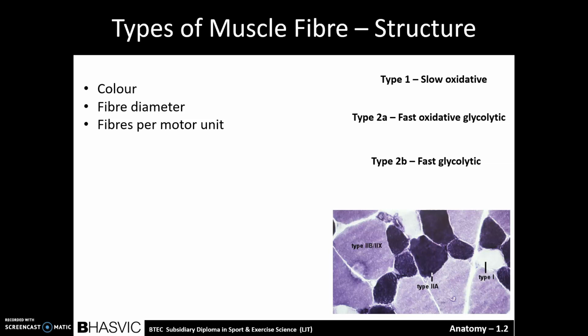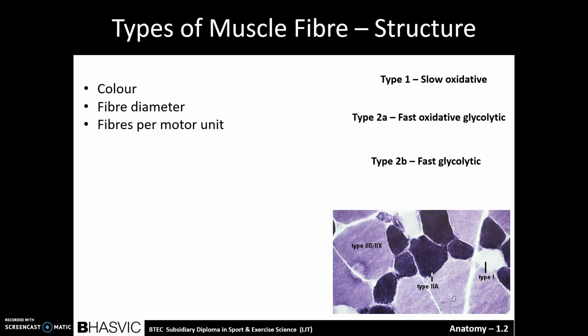So in a slow oxidative, usually it's about 10 to 18 muscle fibers that it's connected to, whereas in a FOG, fast oxidative glycolytic muscle fiber, there's a medium amount of muscle fibers per motor unit.